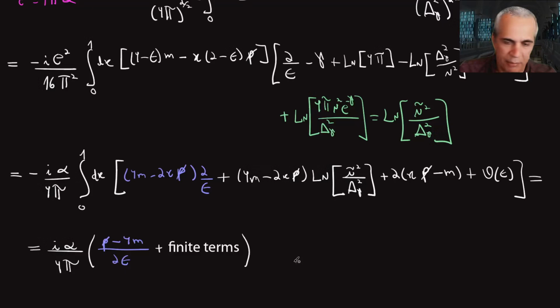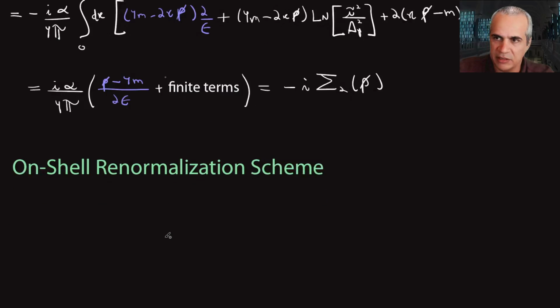But we managed to calculate it, and keep in mind, this is minus i sigma 2 of p slash. So there's an i here because that's how I define the loop, so the same i there. Now we can proceed with what we call the on-shell renormalization scheme.